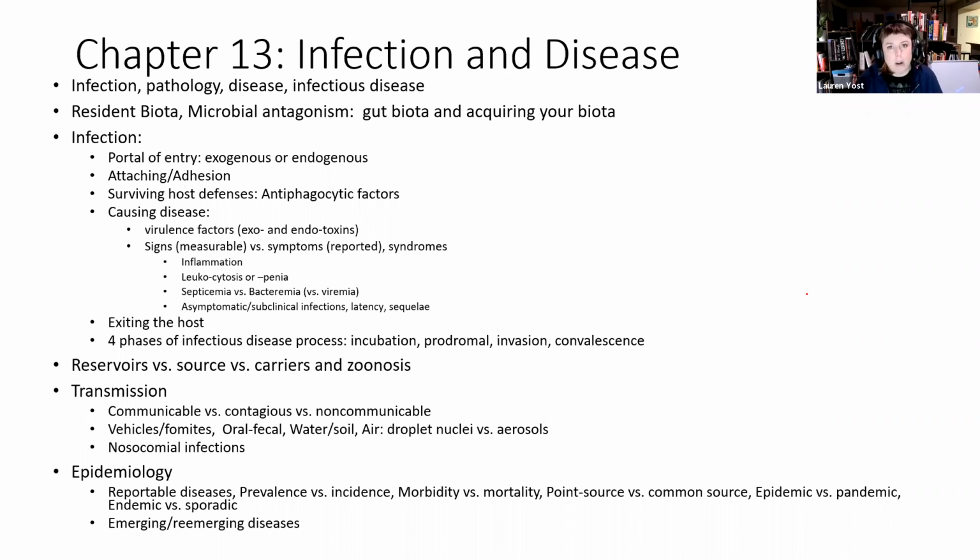How do you get your biota? We talked about essentially as a baby, you might have some biota associated with being a fetus in the womb. And then whenever you're born, you're getting exposed to the bacteria of the vagina, or you're getting exposed to bacteria of the skin associated with a C-section, or any other thing you would be touching first in your life that might not be sterile.